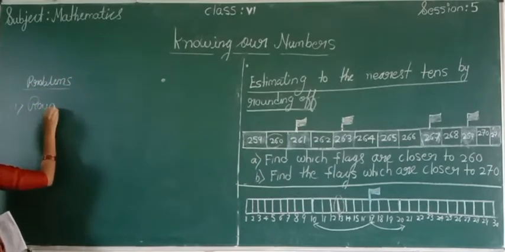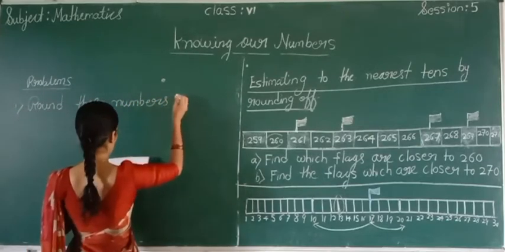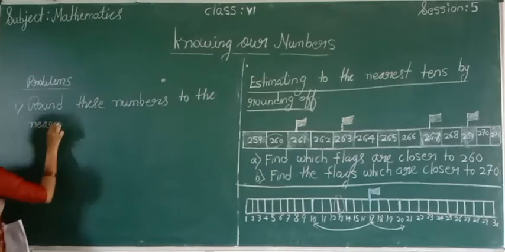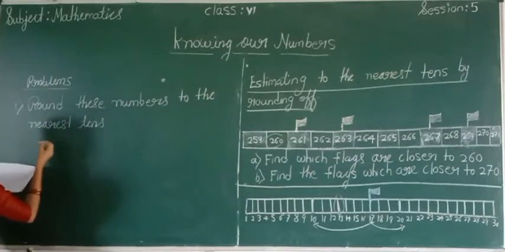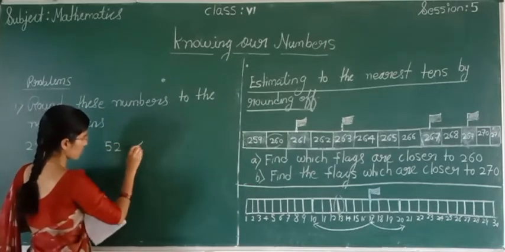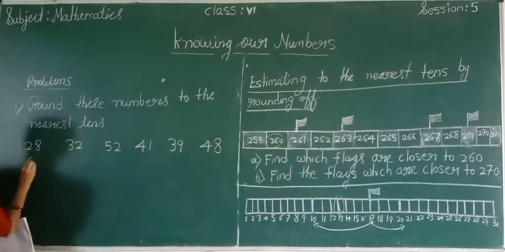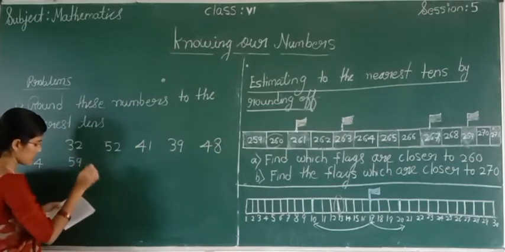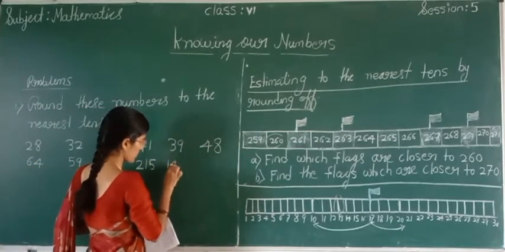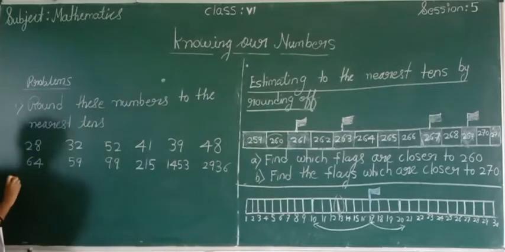Round these numbers to the nearest tens. 28, 32, 52, 41, 39, 48, 64, 59, 99, 215, 1453 and 2936. So I will see the solution.